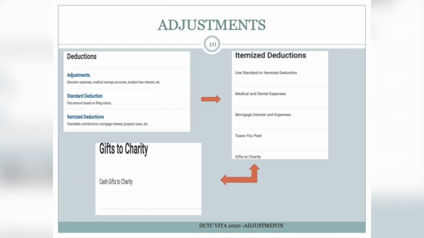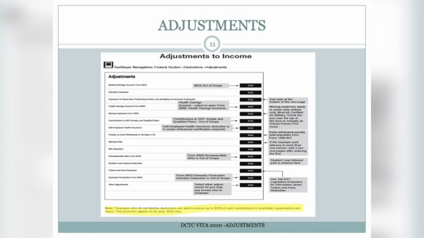Publication 4012, page E-1, shows a screenshot of the adjustments to income in TaxSlayer software. In order to claim the cash charitable contribution, the tax preparer will possibly need to navigate to the bottom of this screen to other adjustments, use the drop-down menu to locate cash contributions up to $300 and using the standard deduction. These are screenshots of the TaxSlayer software program.